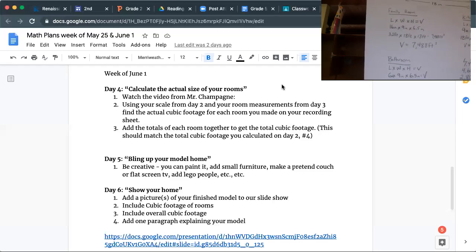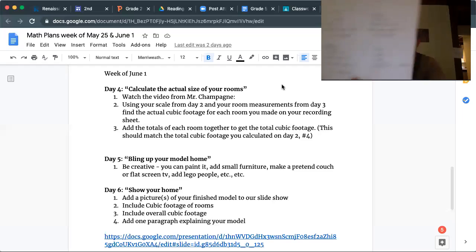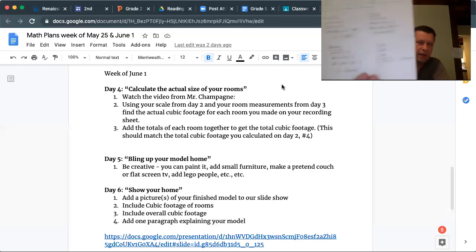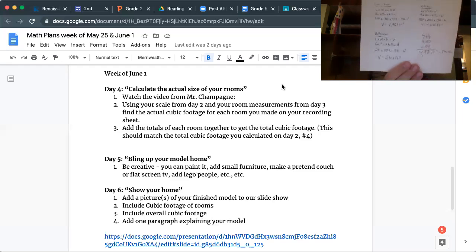And then that's my huge calculation. I got 7,488 feet cubed. I did the same thing for my measurement of the kitchen and the bathroom, so I got a total for each of them.